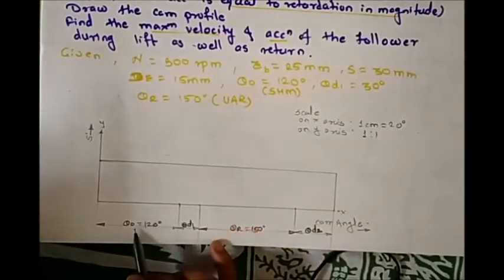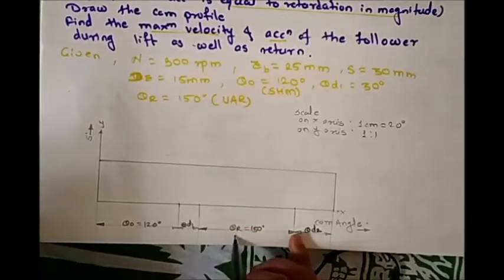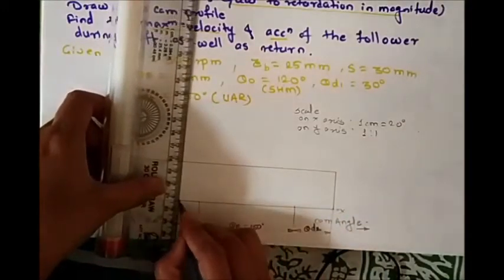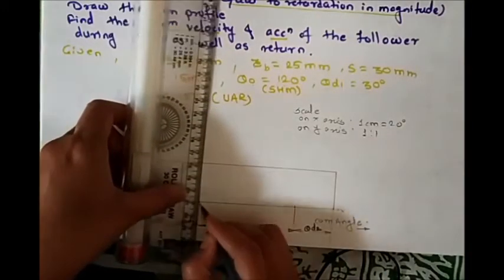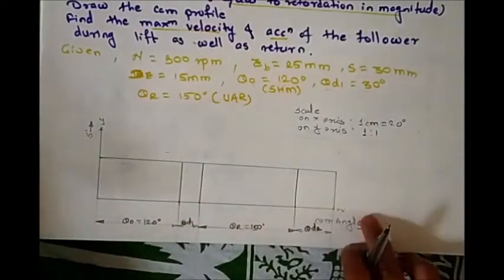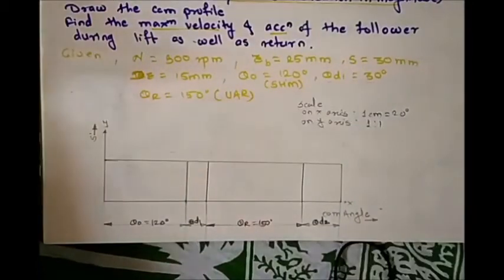So here we mark theta_O, theta_D1, theta_R, and remaining is theta_D2, that is the last dwell. Now just draw a vertical line from this cam rotation angle.